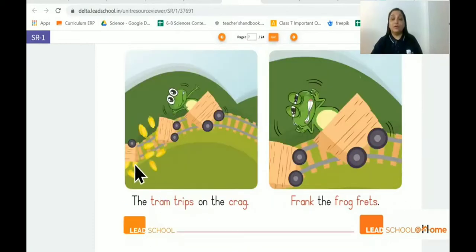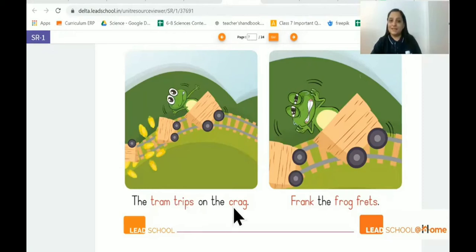Now look at this picture. What do you think happened here? Yes, the tram trips on the crag. You can see it's a steep hill. The tram trips on the crag here. Now let's read the sentence. What is this word? Read. The blend is tram. Tram. This is trips.